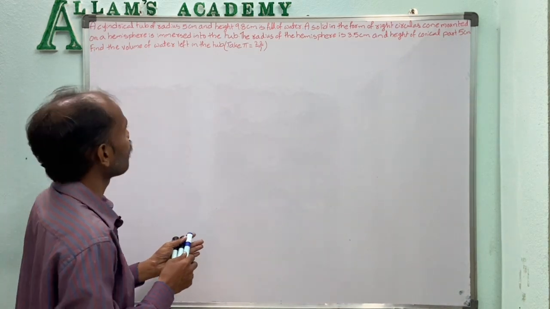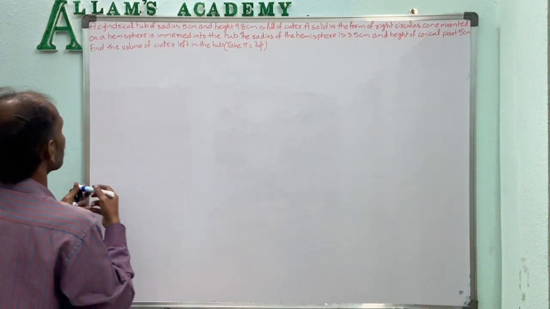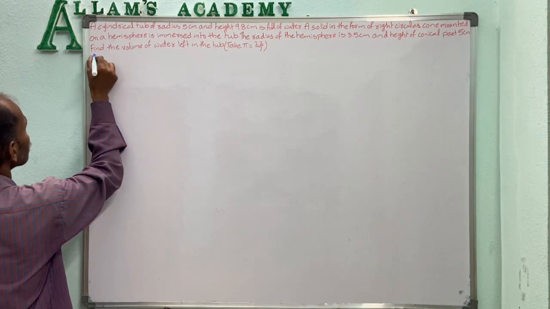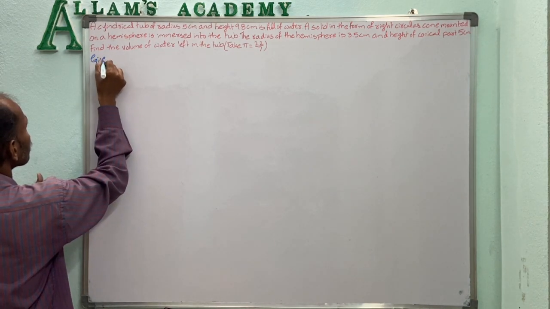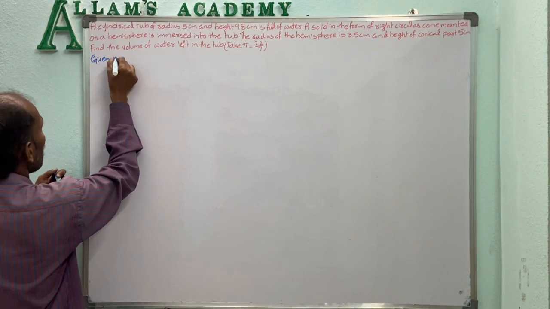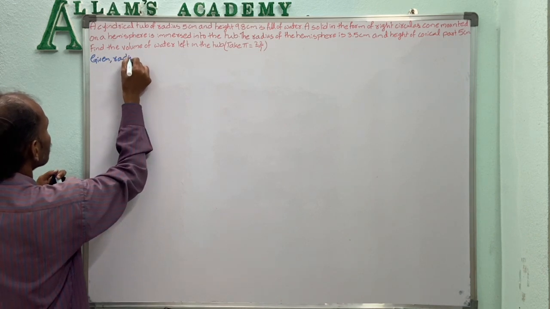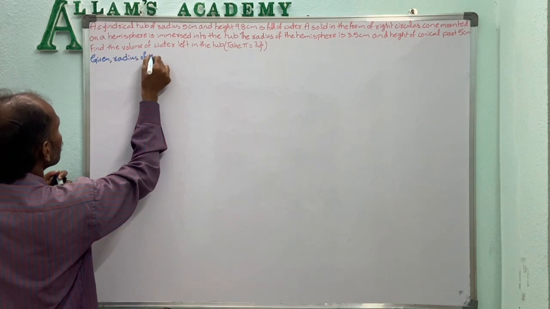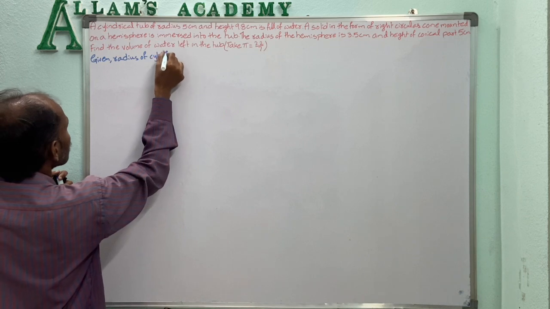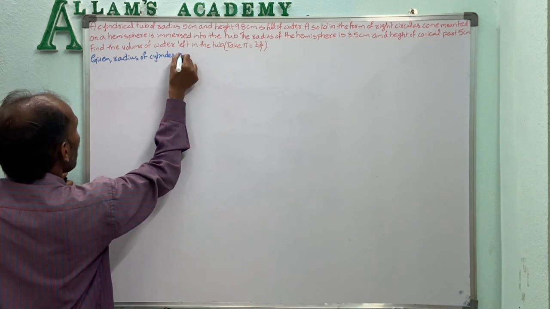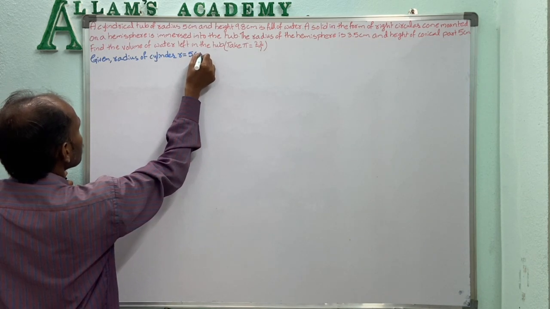So first, writing the given information. Given radius of cylinder equal to 5 centimeters.